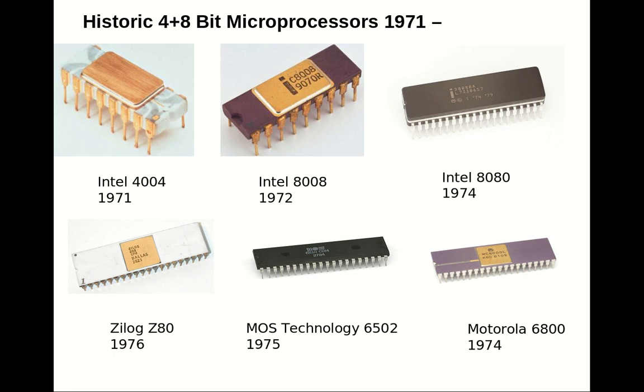And so the first of these one chip or one integrated circuit CPUs was the Intel 4004. This was a 4-bit microprocessor. So you see here this 4-bit microprocessor on the top left. This is the picture of it. If you find that somewhere, keep it. Now this is a valuable piece for collectors, and you can get good money for it.